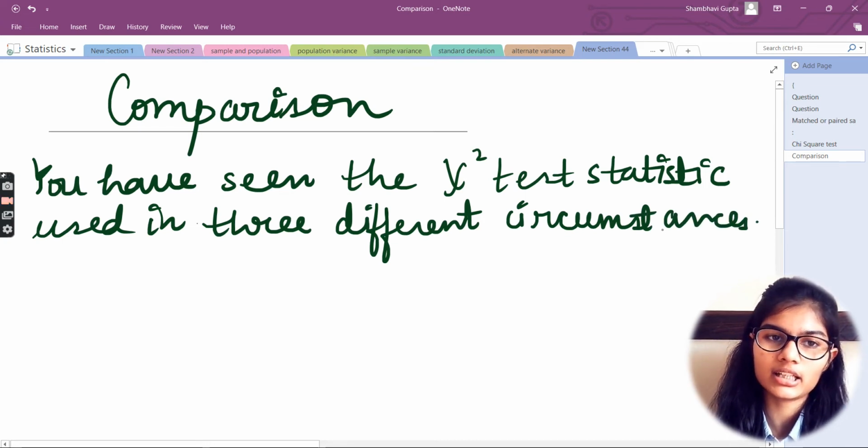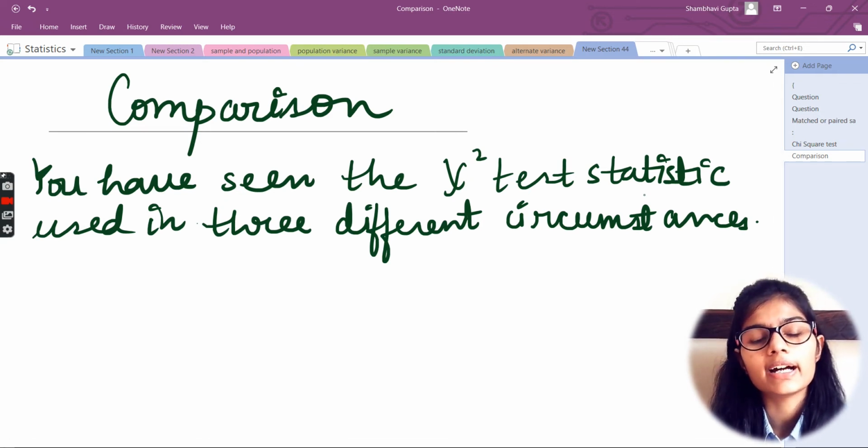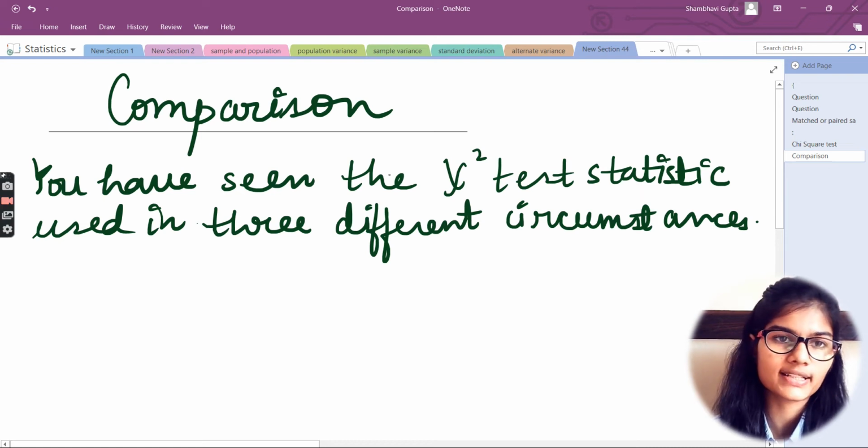So now I'll be doing the comparison of all of these and a quick summary regarding all three: goodness of fit, independence, and next homogeneity.